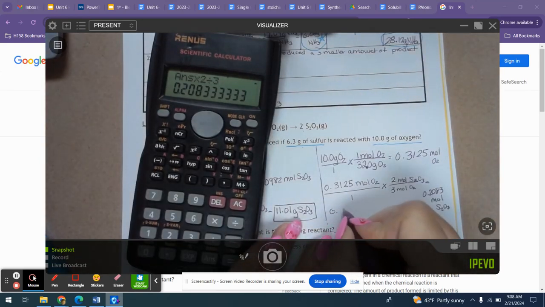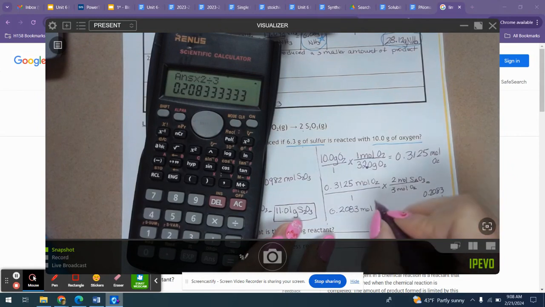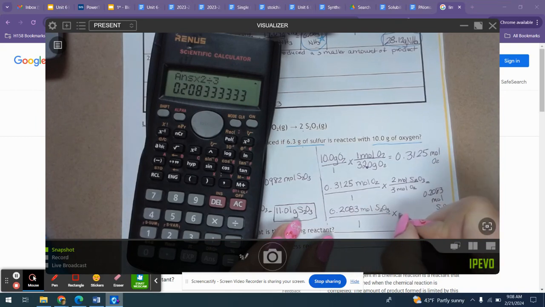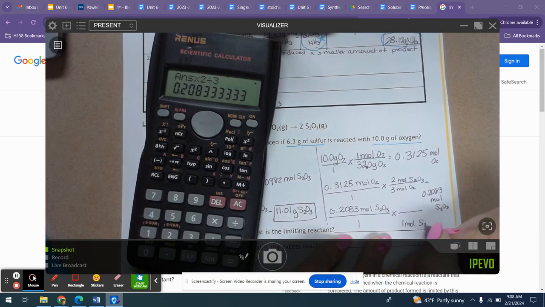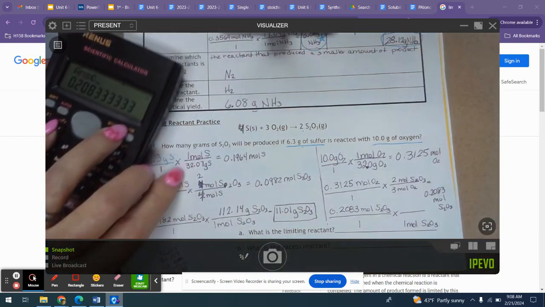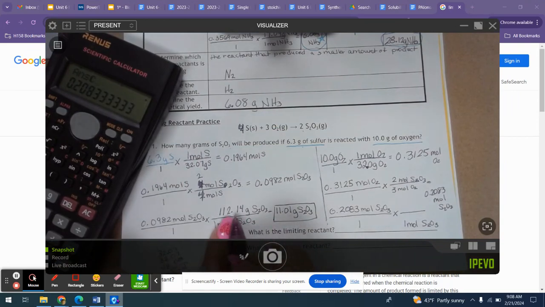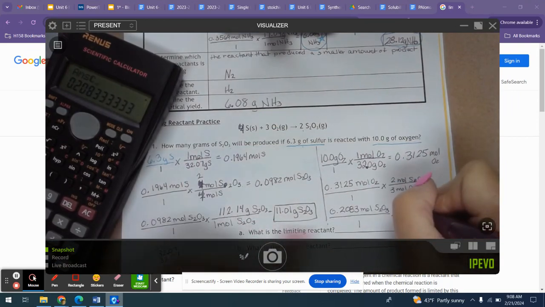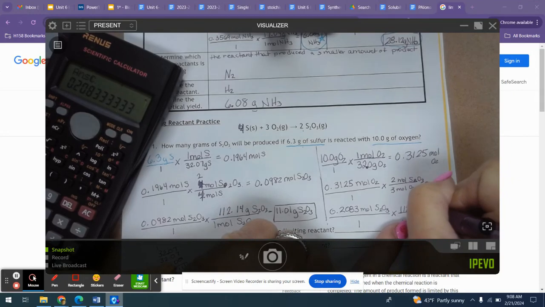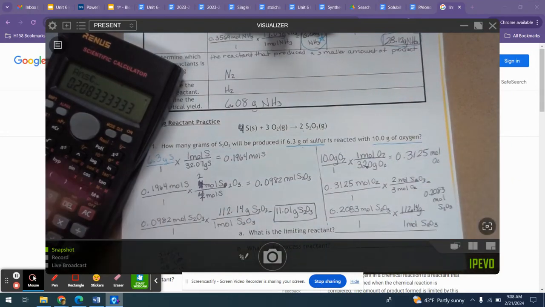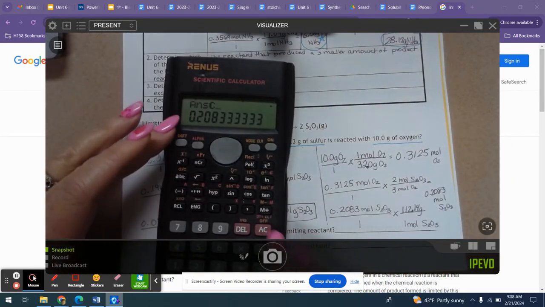So 0.2083 moles of S2O3. This is where we use the molar mass. And the nice thing about limiting reactant problems is we've calculated that molar mass already. We just need to use it again here, 112.14 grams of S2O3.